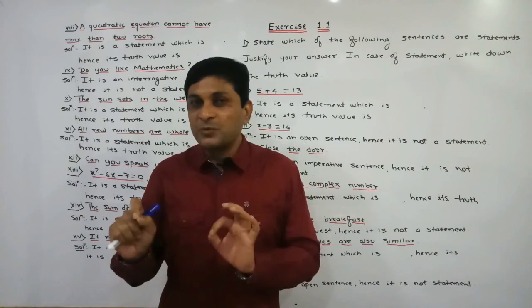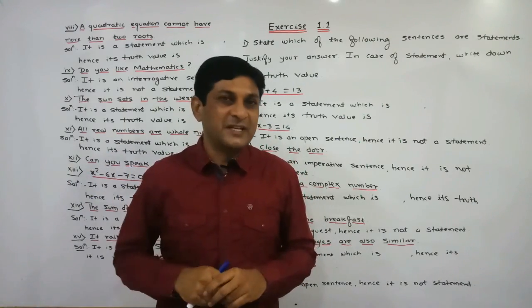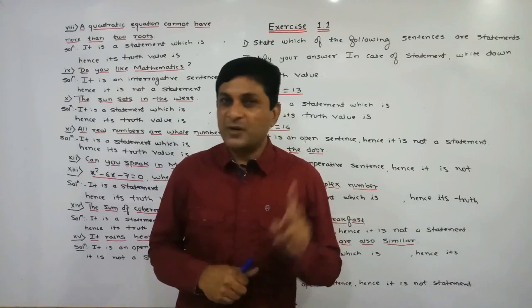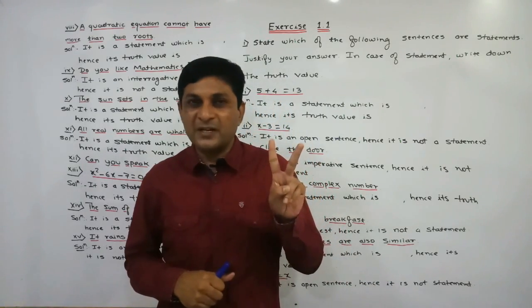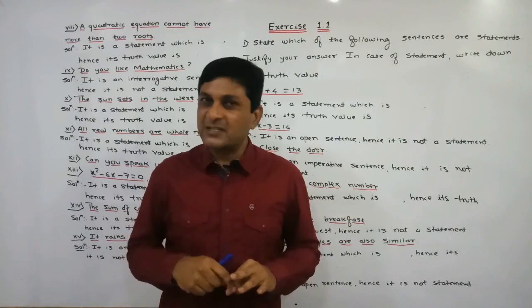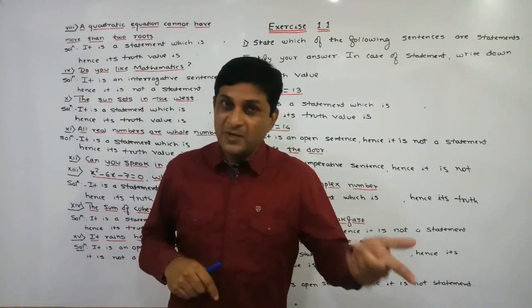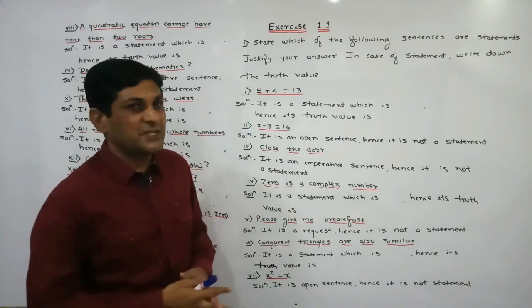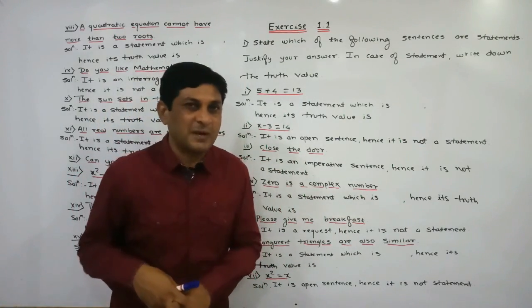False. If it is true, then write down its truth value is T, and if it is false, then write down its truth value is what? F. So already we have discussed two important definitions. One is statement, second is truth value, and even we have discussed the definition of what? Open sentences.